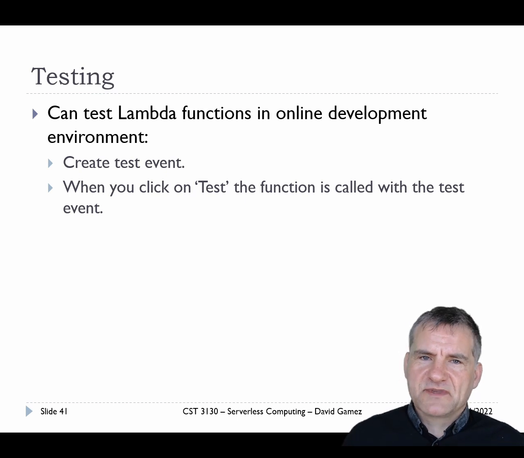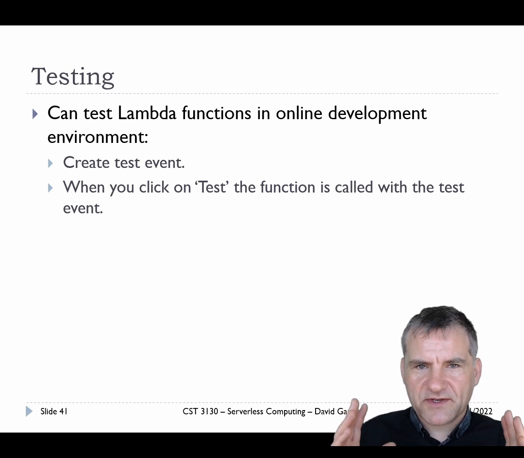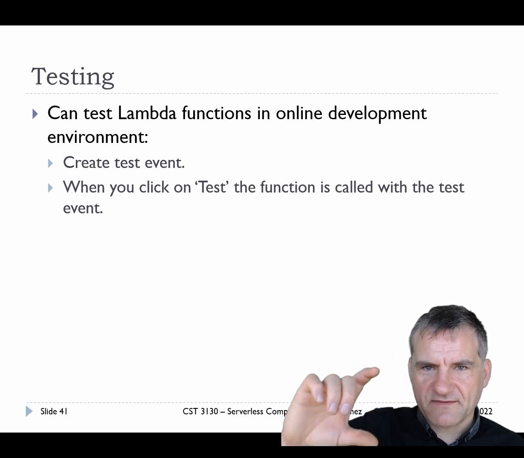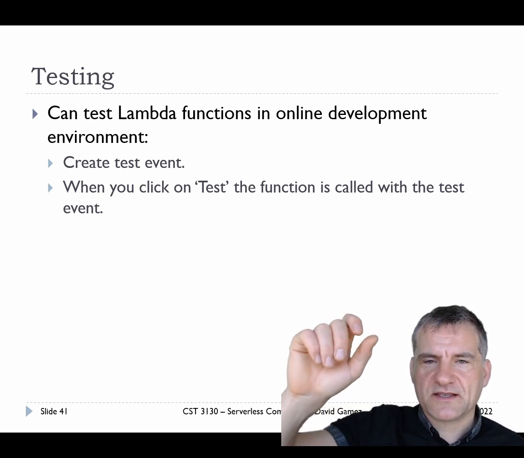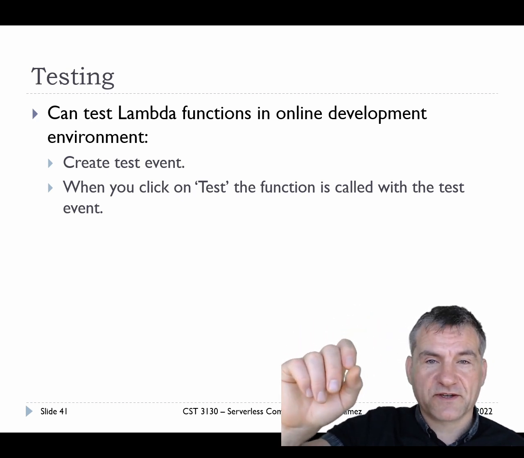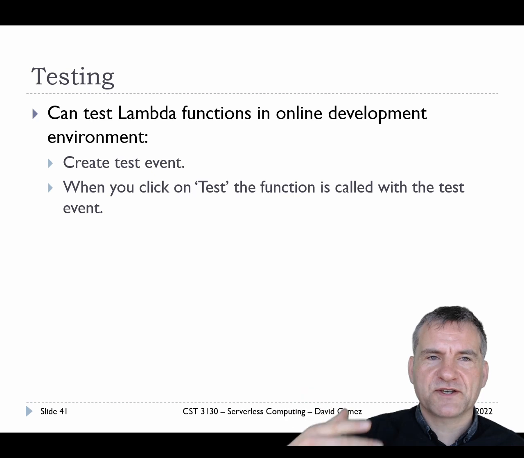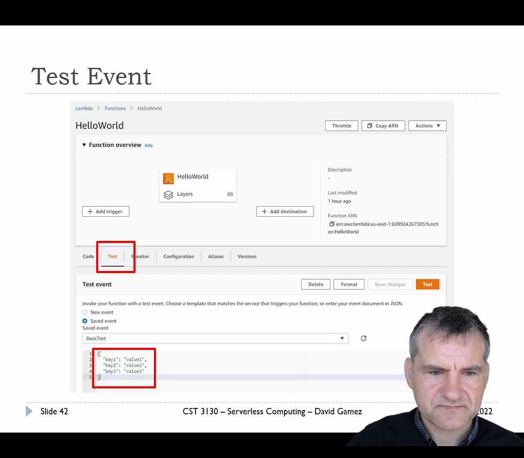When we write our Lambda functions, the easiest way to test them is using the online development environment. What we need to do is create a test event, and when we click on test, the object in the test event is copied into the event object that's passed as an argument to the function. It might sound a little complicated, but it's not really. Then we can call that function with the test event and see the results of the test in the development environment.